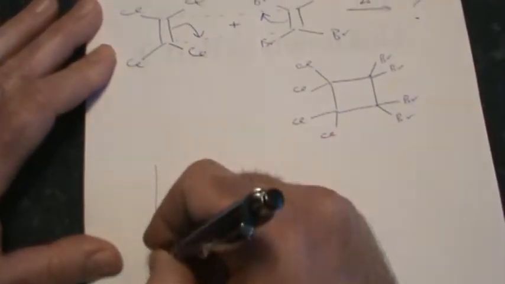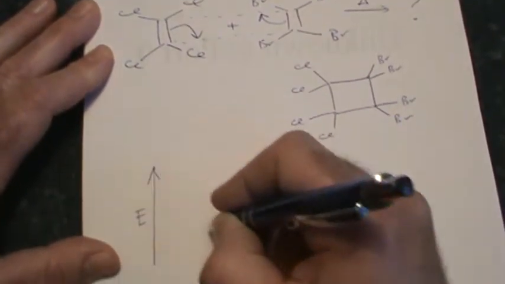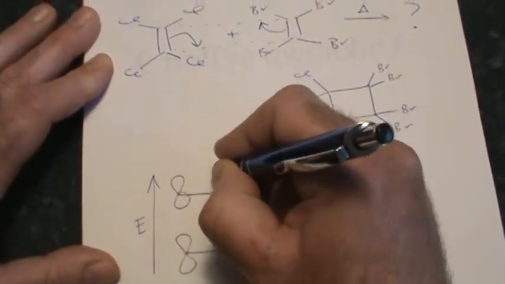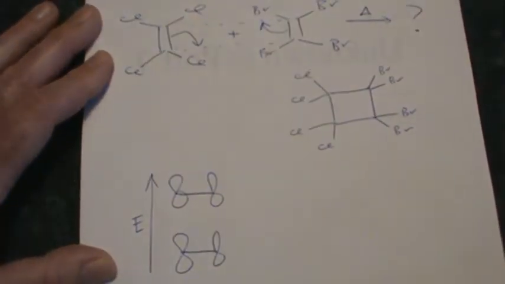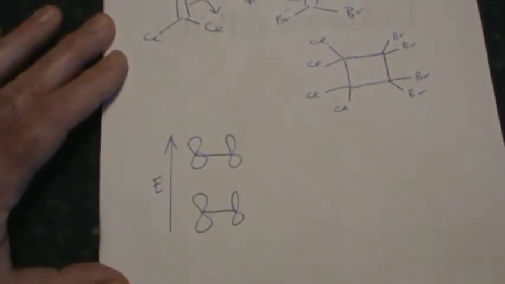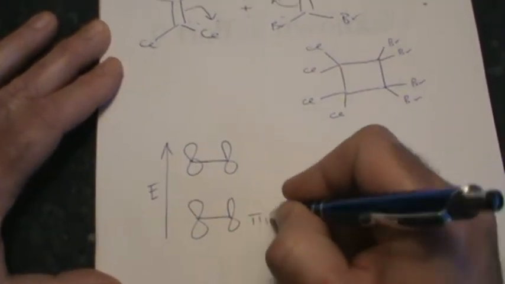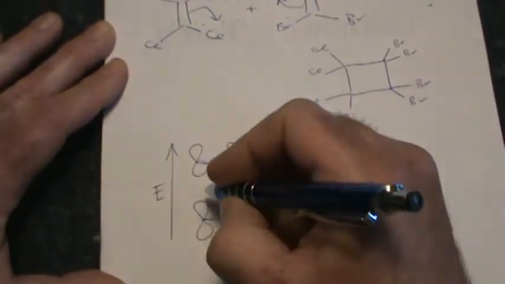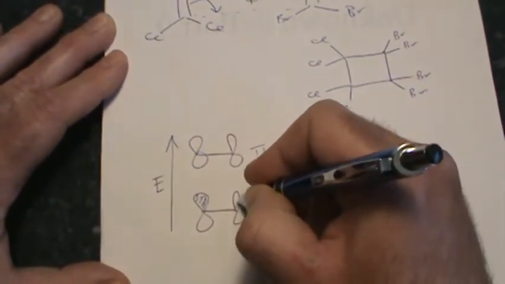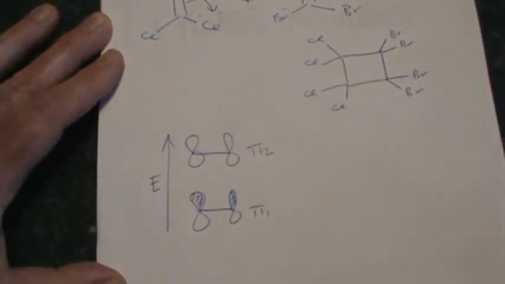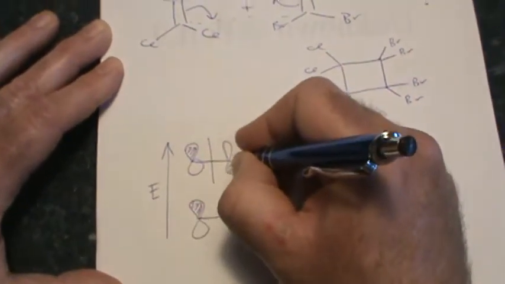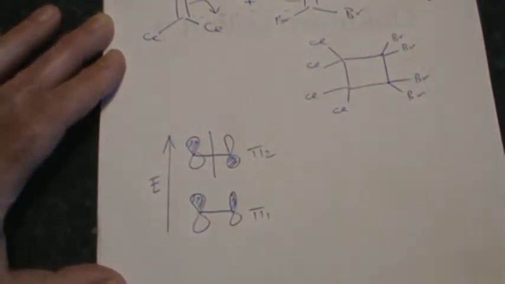So if I stack the pi molecular orbitals for ethylene along this energy axis, I would go from pi 1 to pi 2. Pi 1 has no new nodes, and so we could shade up and shade up. Pi 2 would have one node. As we pass through the node, we have to change our shading.